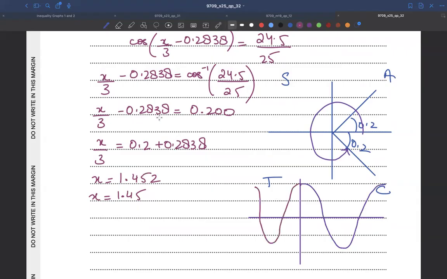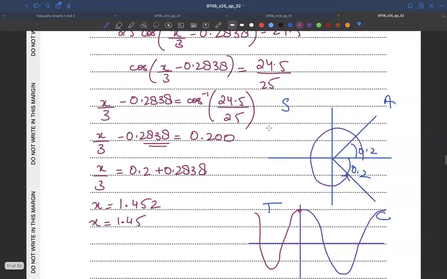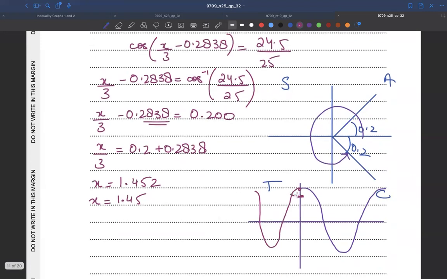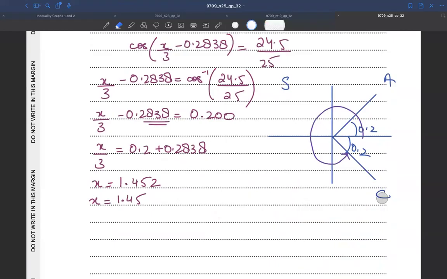Now this basically means a translation to the right. So actually what that means is that when this is equal to 24.5 upon 25, that is around 0.9 something. So maybe one of the solutions has moved to the positive side. So what we can do is take the negative value as well and check if it lies in the range.